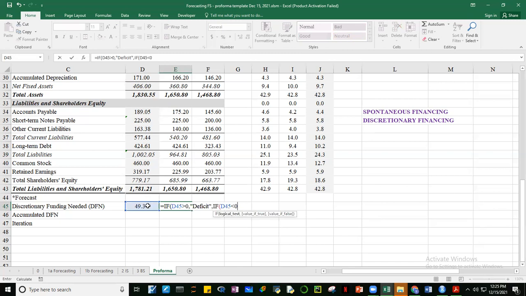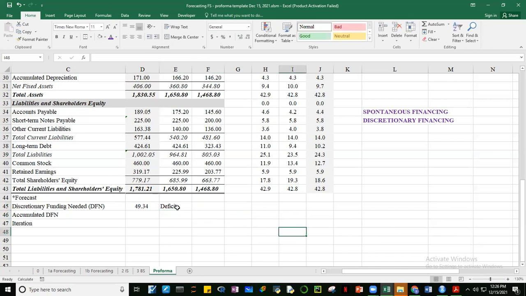If that's less than 0, we call it surplus. Otherwise, kung hindi siya greater than, hindi siya less than, then dapat equal siya, no? Ang tawag doon balance. So we just gave it a name, guys, just to identify kung deficit ba siya o surplus ba siya o balance ba siya? Right now, guys, it's a deficit kasi nga mayroon tayong DFN.